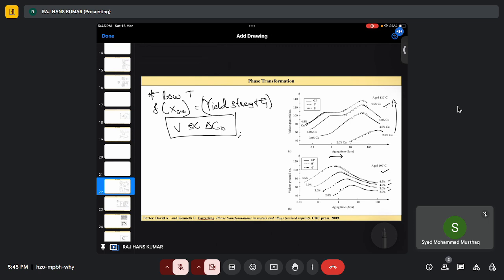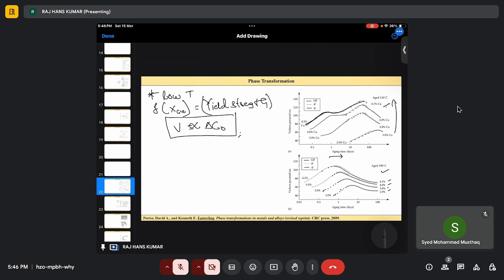And when you move on from the GP zones to theta prime, there is still coherency, but there is strain, and because of the strain there is no accommodation for dislocation motion. The dislocation needs more energy to move. So that's why the hardness and the yield strength are increasing, and once you form theta double prime, again this will increase.